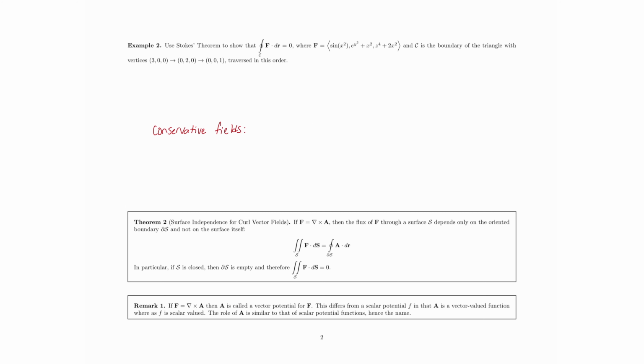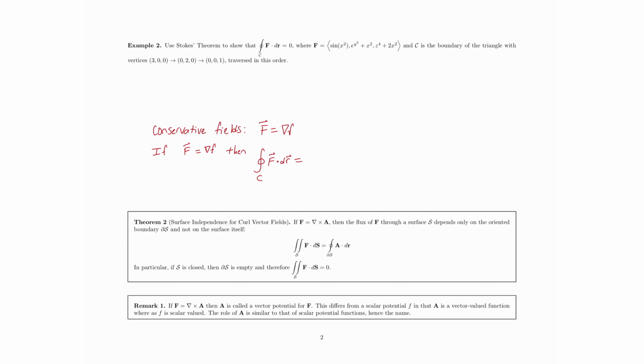Remember, what does it mean for a vector field to be conservative? I.e. that the vector field F is the result of the gradient of some scalar function. So if a vector field is conservative, that means it's the gradient of some f, then the line integral over a path C, F dot dr, does not depend on the path itself.